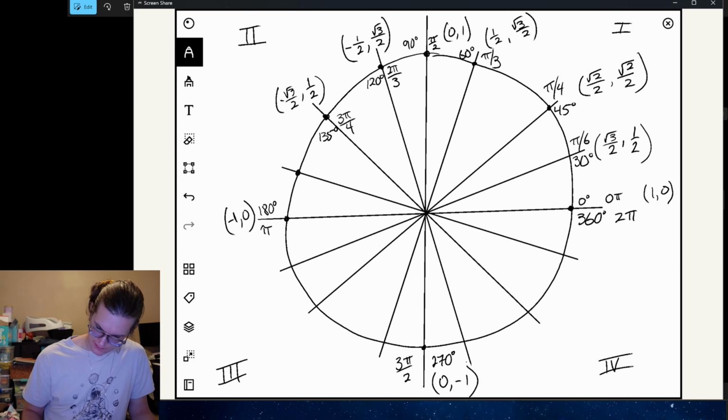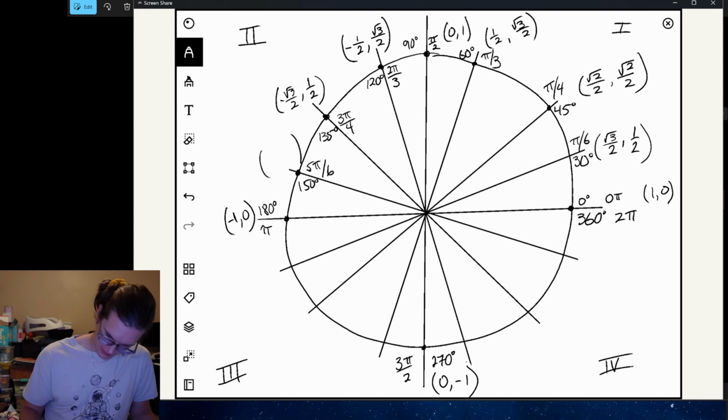Add another 15 degrees, gives us 150 degrees, and I have my pi over 6, 2 pi over 6, 3 pi over 6, 4 pi over 6, 5 pi over 6, same coordinates as this one, which we could call the reference angle, but with a minus sign right there in the x.